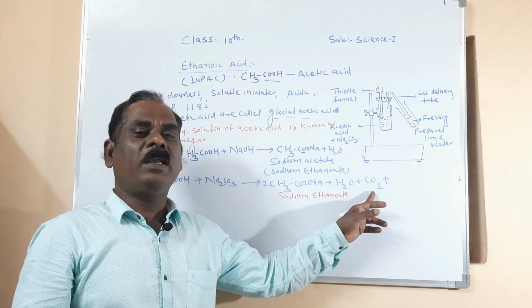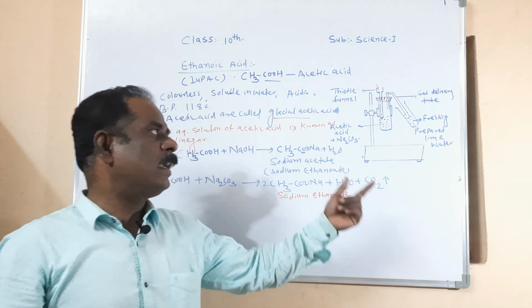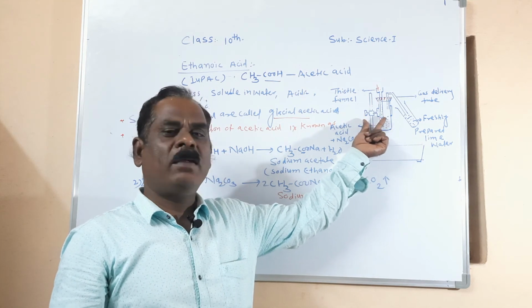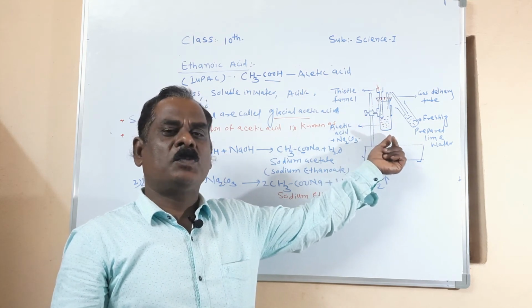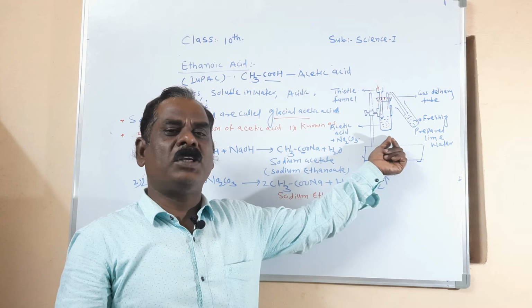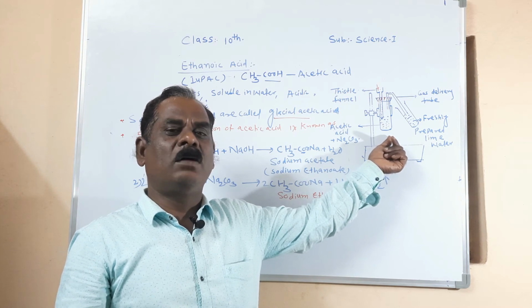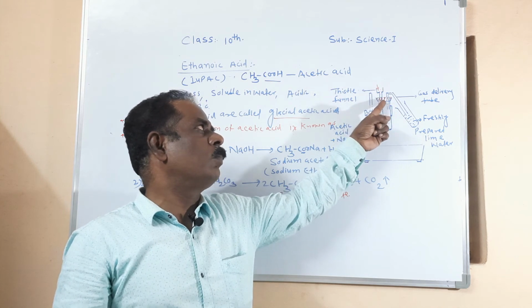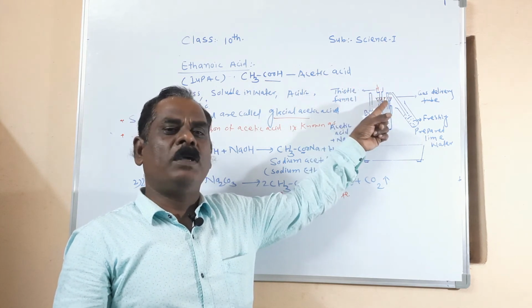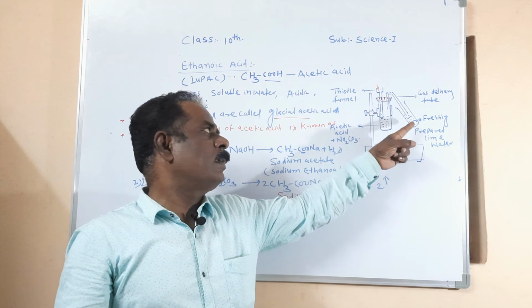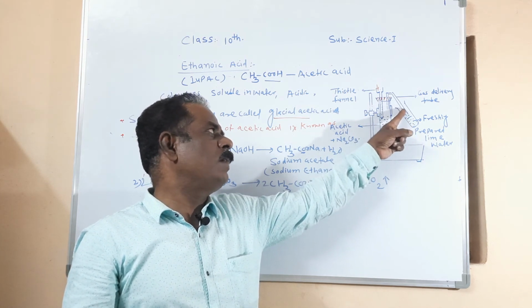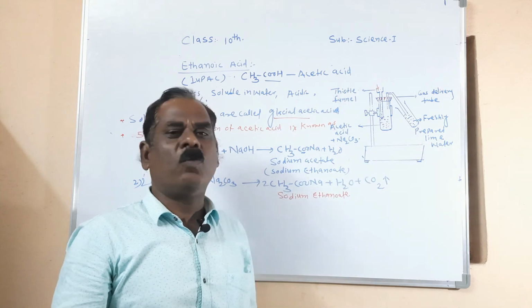How will you conclude the released gas is CO2? Do this activity. Take a big test tube, fix it to a stand, take 5 grams or a small quantity of washing soda in the test tube, and fix a rubber cork having a thistle funnel and gas delivery tube to the mouth of the test tube. Insert one end of the gas delivery tube in freshly prepared lime water.